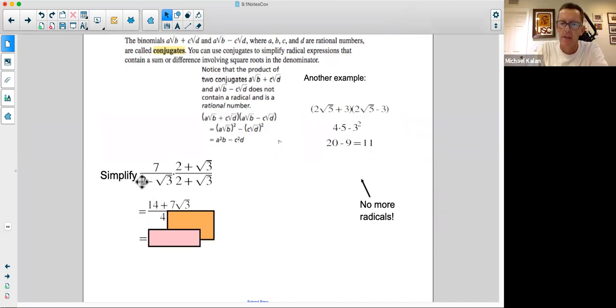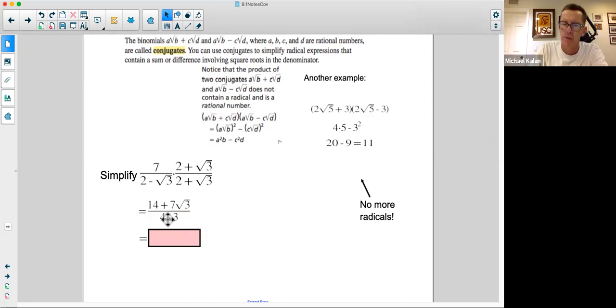Outside gets us positive 2 root 3. Inside, 2 times negative root 3 gets us negative 2 root 3. Those cancel out. All we're left with is negative root 3 times root 3, which is minus 3.